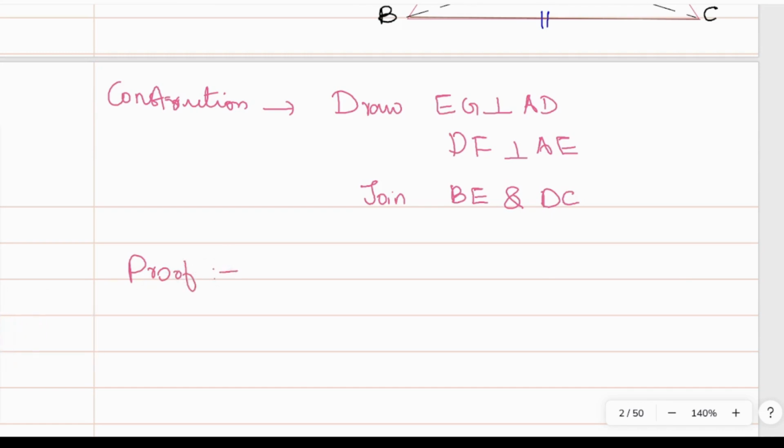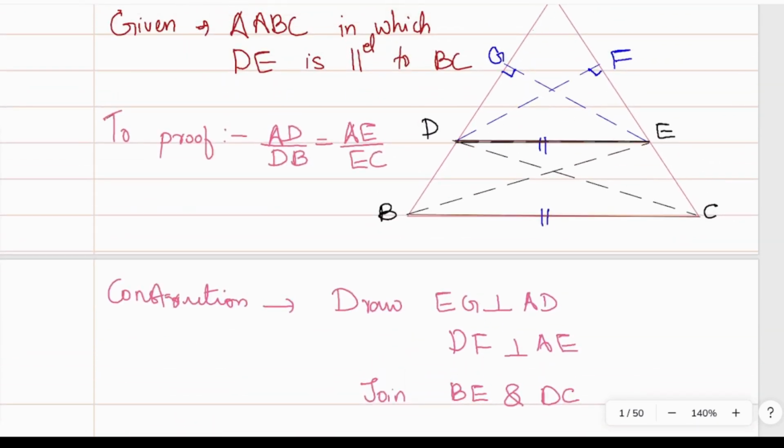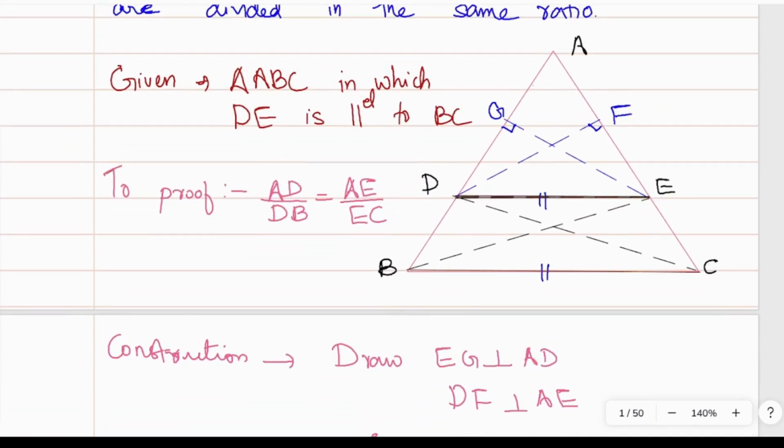Then we have to write the proof. In proof, what all things we have to do? Take the triangle ADE and triangle BDE. In triangle ADE and in triangle BDE, what all things we can write? We have to write its area.